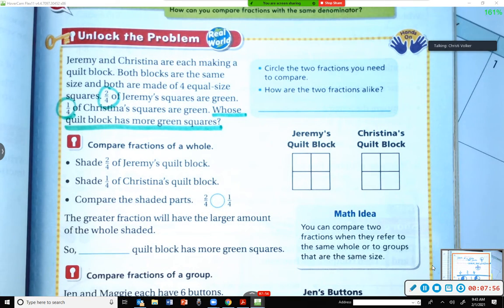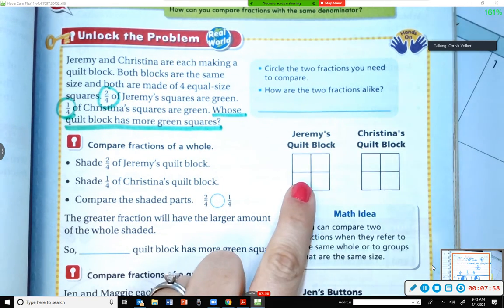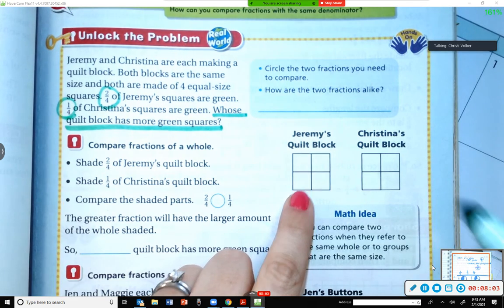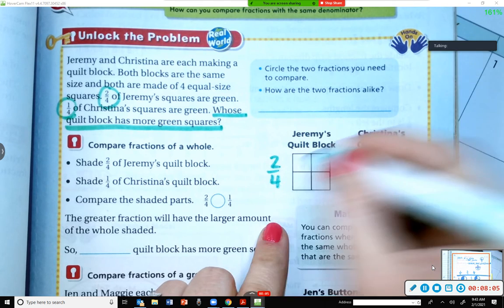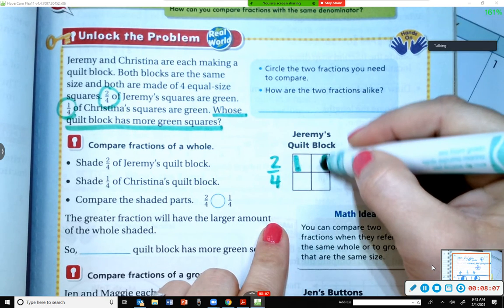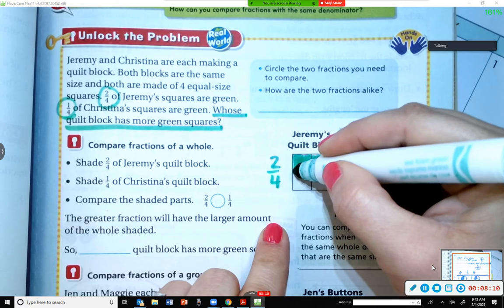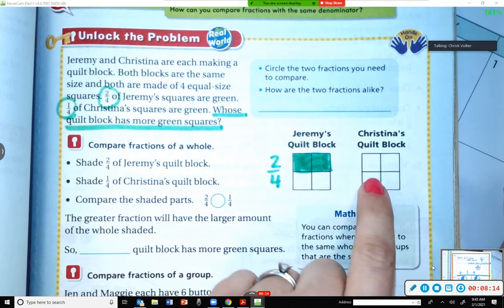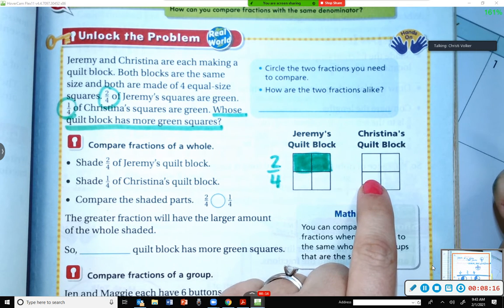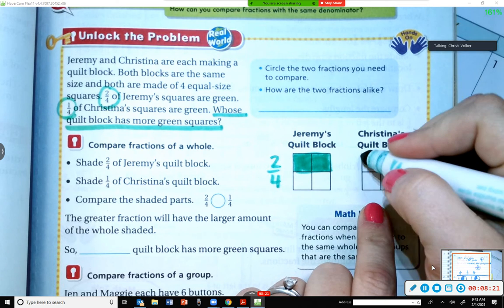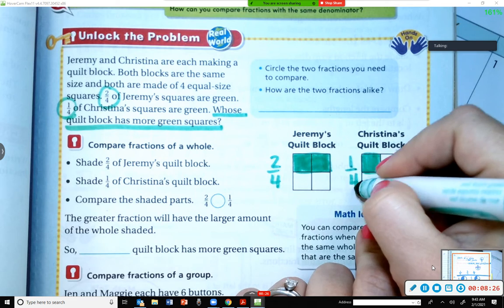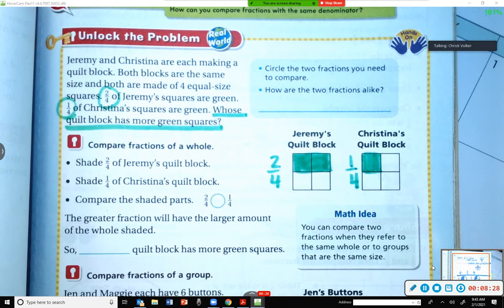So let's go over here to Jeremy's quilt and shade in the fraction he has, which is how much? 2/4. Okay. Christina has 1/4, so we only need to shade in 1 piece. Now we're going to compare the shaded parts.